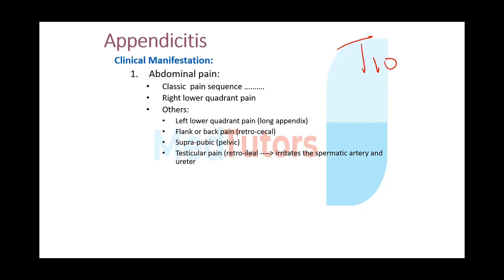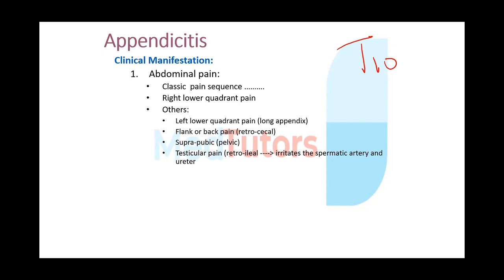That is now a somatic pain. So it is described as a migratory right iliac fossa pain. The initial periumbilical pain is a visceral pain, okay? And the later right iliac fossa pain is a somatic pain.